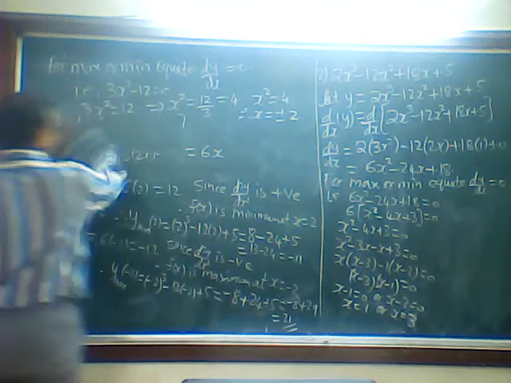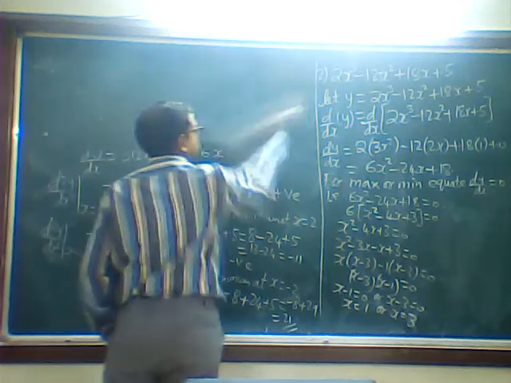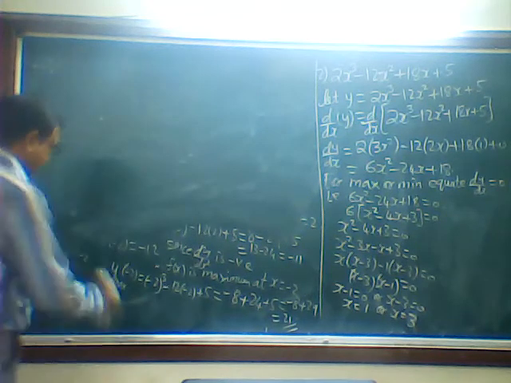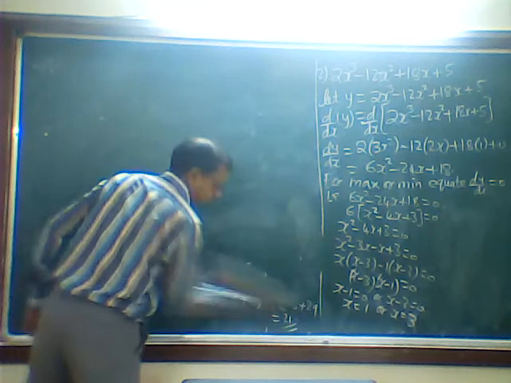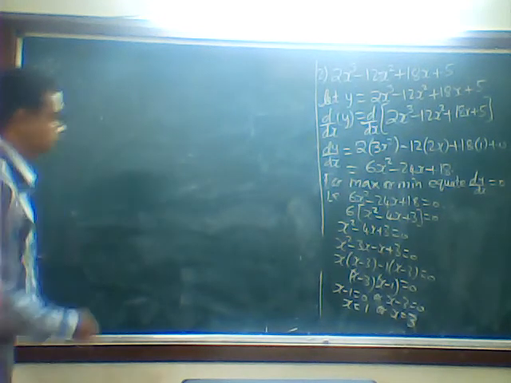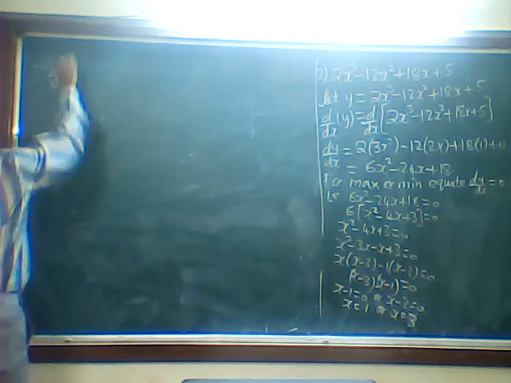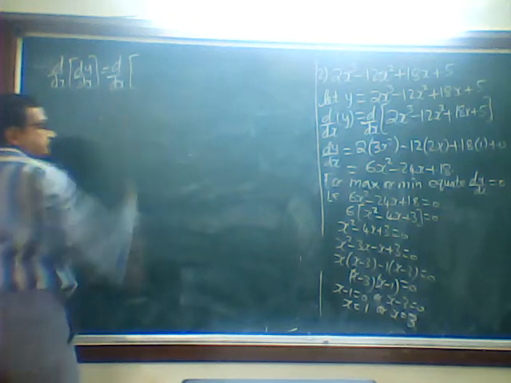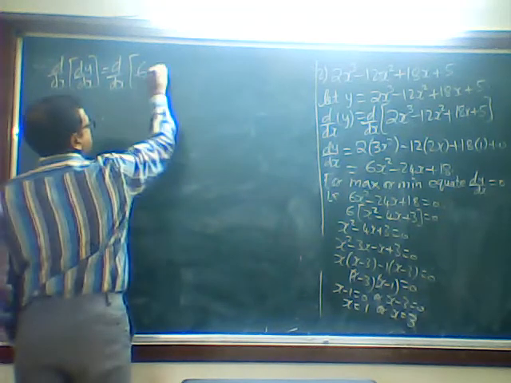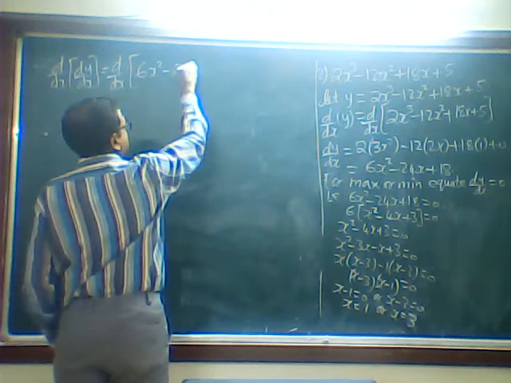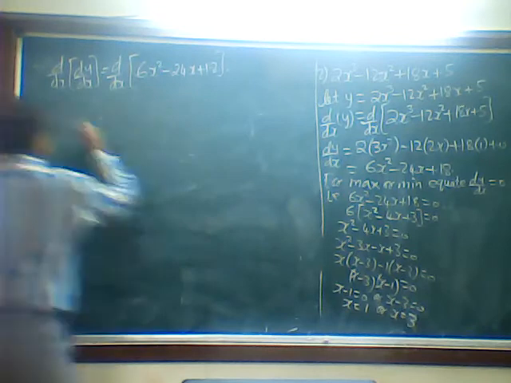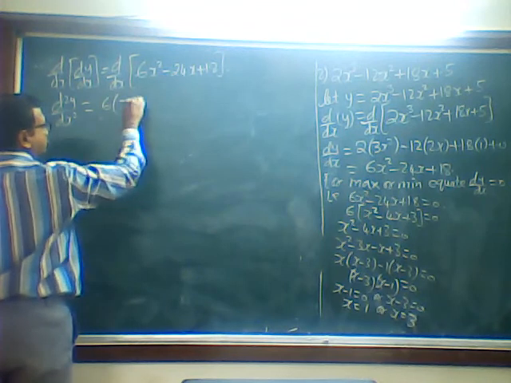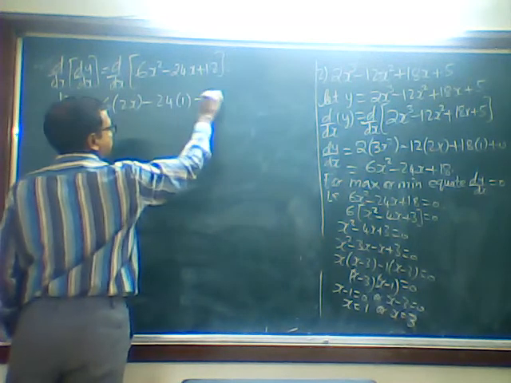Now, I will find out the second derivative. d by dx of dy by dx is equal to d by dx of 6x square minus 24x plus 18. d square y by dx square: 6 is constant, d by dx of x square is 2x, d by dx of 24x is 24, and 18 is 0.